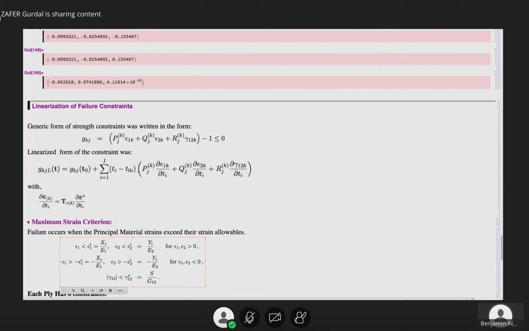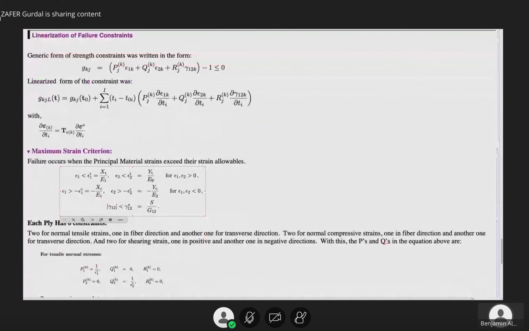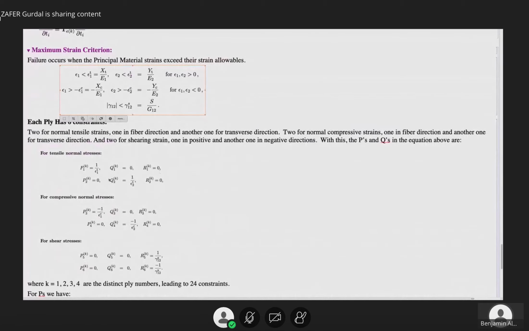If it's an interactive failure criteria, there will be one formula that will tie the Q's, P's, and R's together. If not, if it's not an interactive criteria, then P1 super K will be 1 over epsilon 1 in tension, and Q1 will be 0, R1 will be equal to 0.